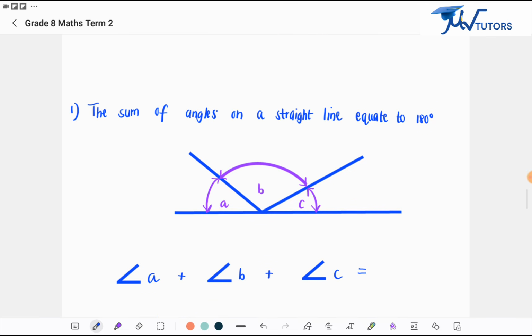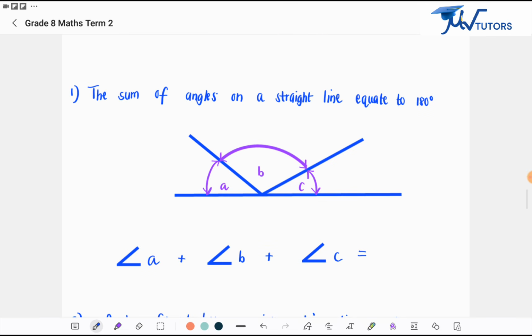Now, in terms of straight lines, what we're going to start with is the angles that form on a straight line. So you can have a straight line and have a hundred gazillion angles that are formed there. But the one thing you should know and remember is that the sum of angles on a straight line equate to 180 degrees, okay?